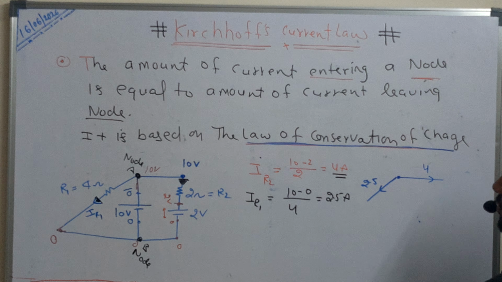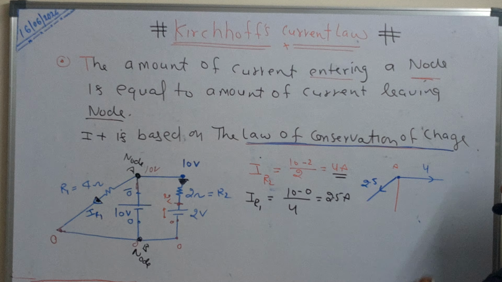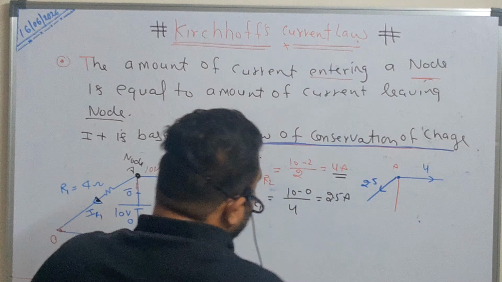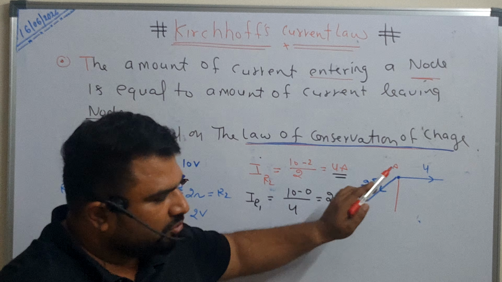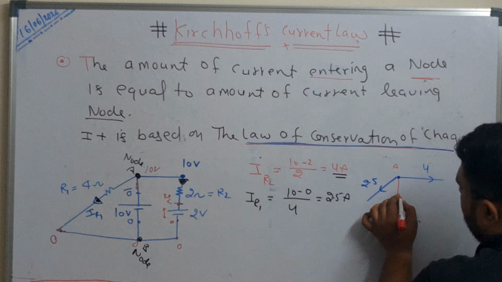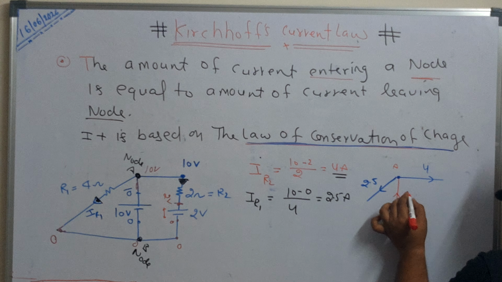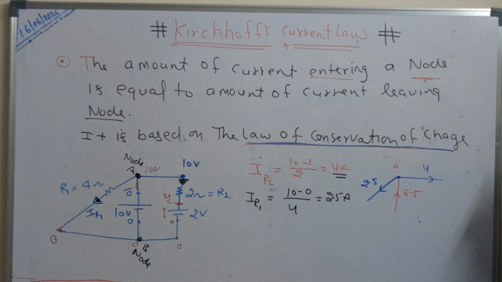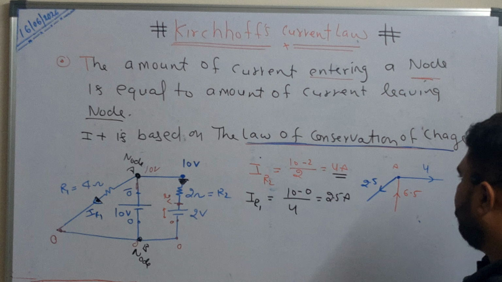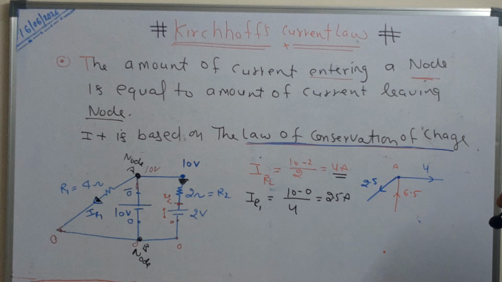This is another wire. These two currents are leaving from node A. Then how much is the incoming current? It is the sum of these two, 2.5 plus 4, which gives 6.5.